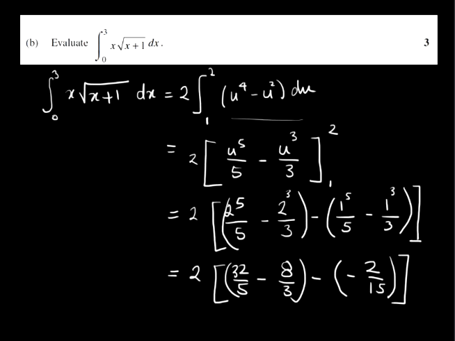Okay. And so if you evaluate that, put it into your calculator, you'll get 2 times 58 on 15, which turns out to be 7 and 11 over 15 as your answer.